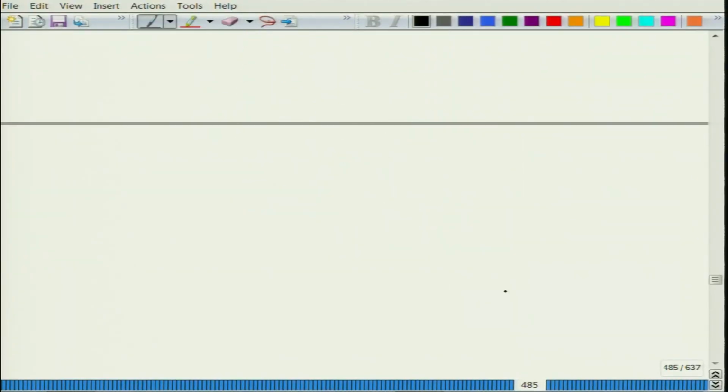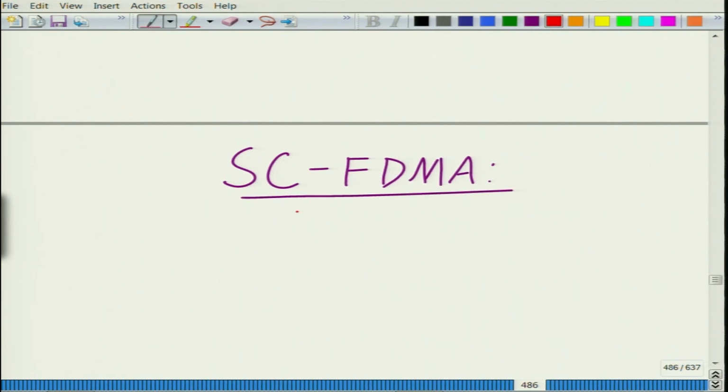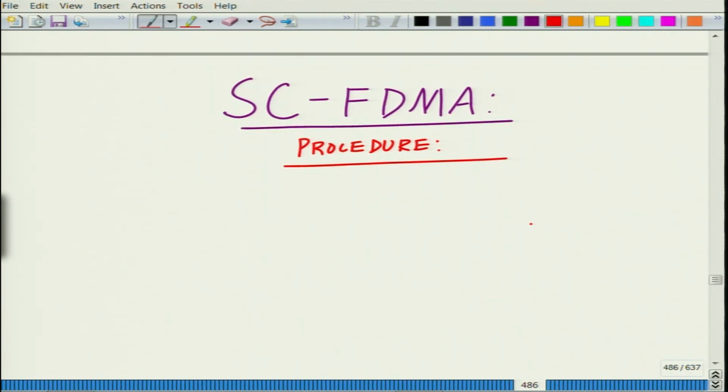SC-FDMA, what is the procedure? We take the symbols, and as I already told you, we do not do the IFFT, we directly transmit the symbols.